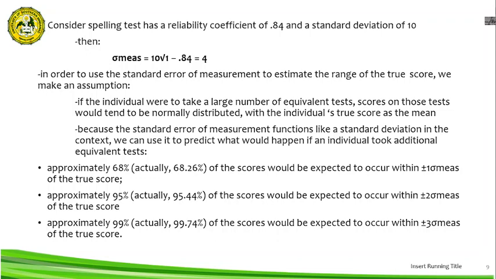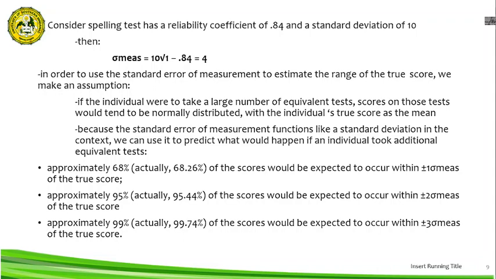The sample mean, or the average, is 89.5 and the sample standard deviation, or the square root of the variance, is 3.17. If the test is known to have a reliability coefficient of 0.88, then we would calculate the standard error of measurement as 3.17 times the square root of 1 minus 0.88, which is equal to 1.098.